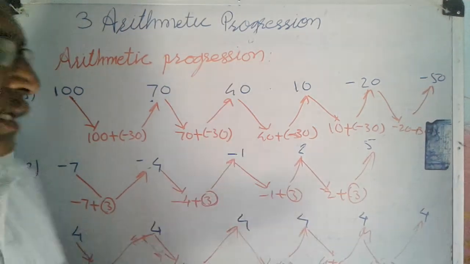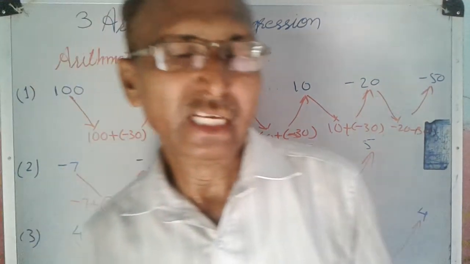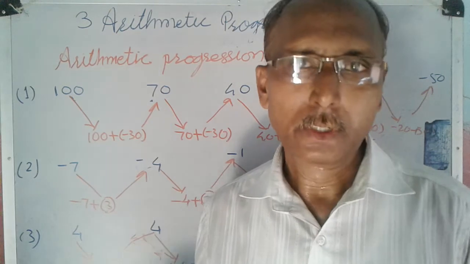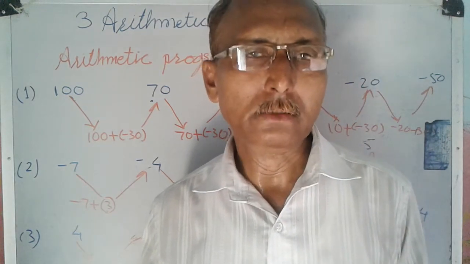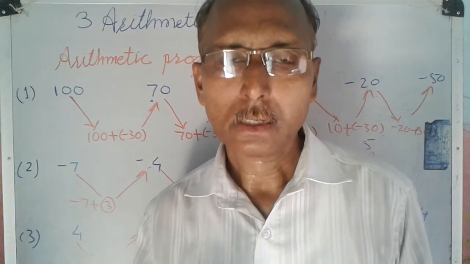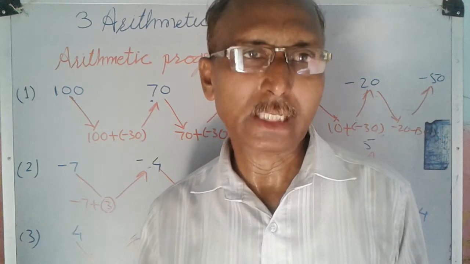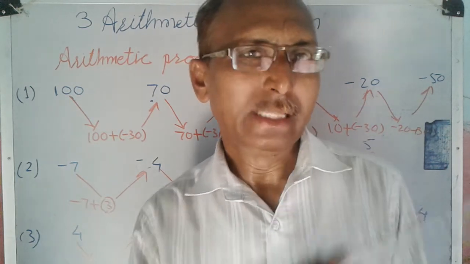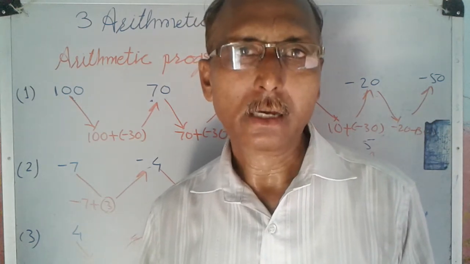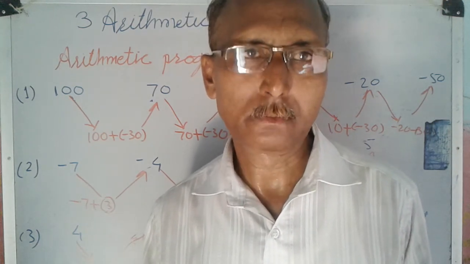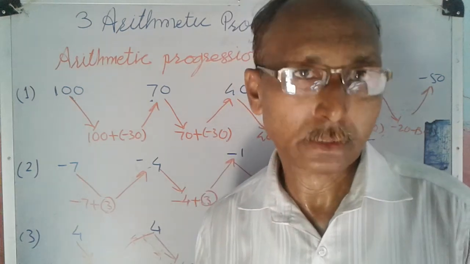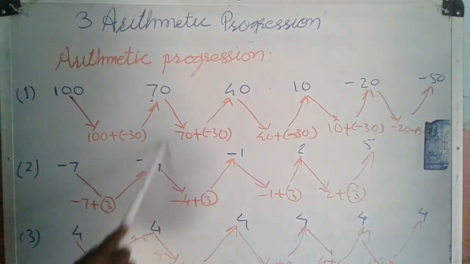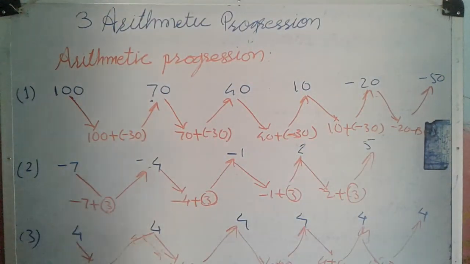If the common difference between two successive terms is constant in a sequence, then that sequence is an arithmetic progression. That is good. That means all these are arithmetic progressions.